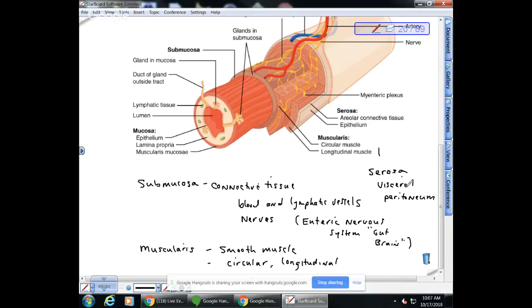Like we talked about the pericardium, which is around the heart, and the pleural membrane, which is around the lungs, the peritoneum is actually around the digestive organs. The visceral peritoneum is going to eventually connect to the parietal peritoneum, and it actually holds the organs in place. This would be connective tissue. It is related to the idea of mesenteries.